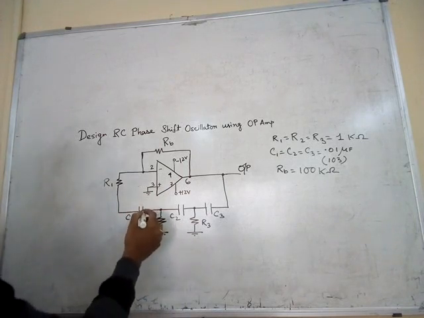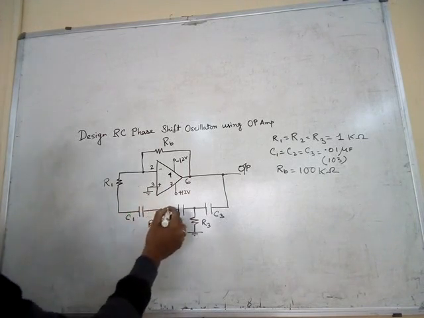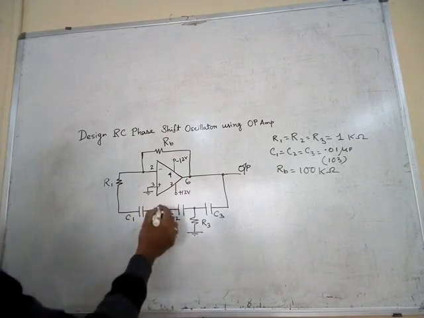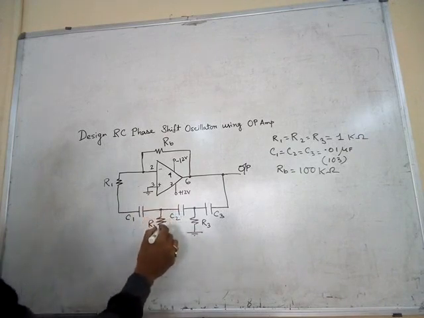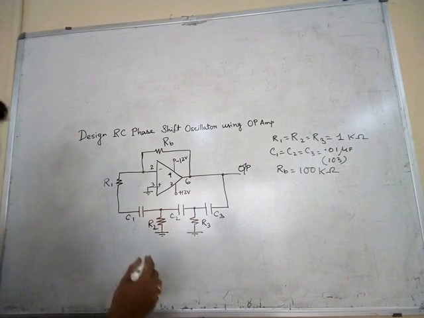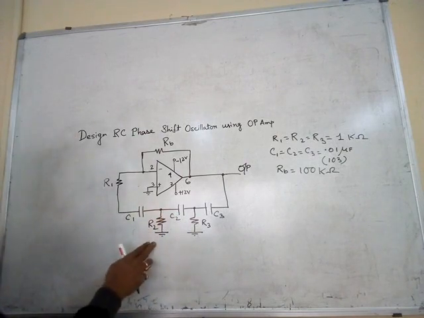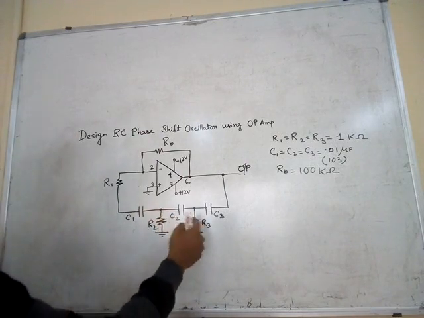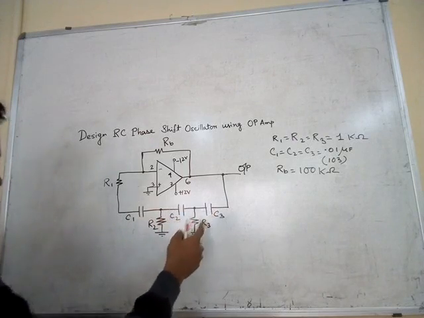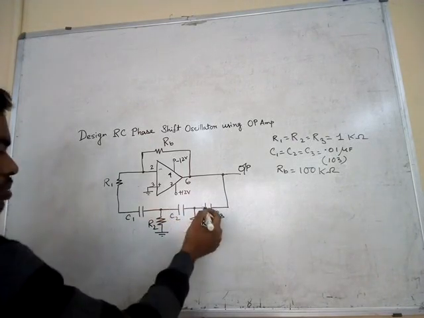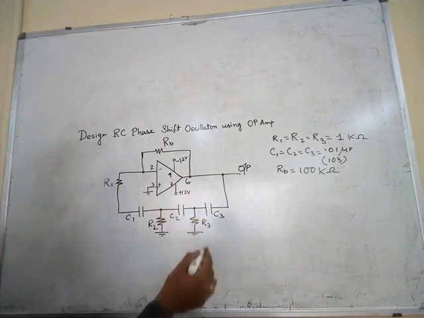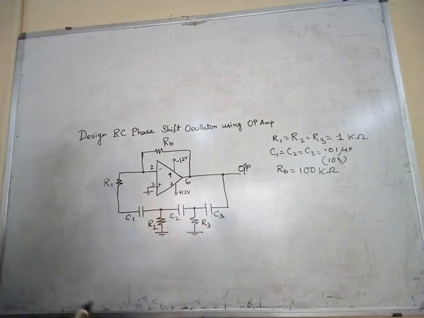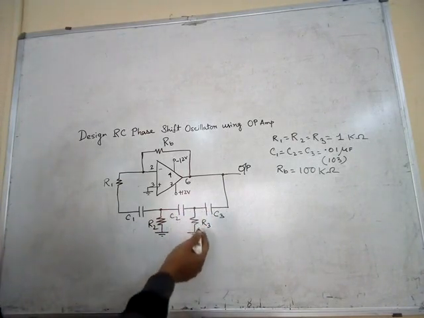The other end of C1 connects to C2, and where it is joined, there is a resistor, R2, that is grounded. Next, C2 and C3 are connected, and at the join of C2 and C3, there is another resistor, R3, which is also grounded.